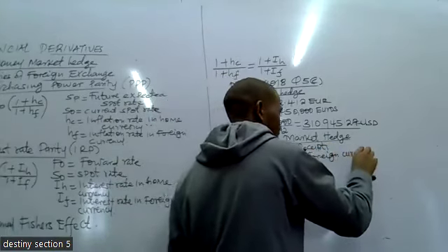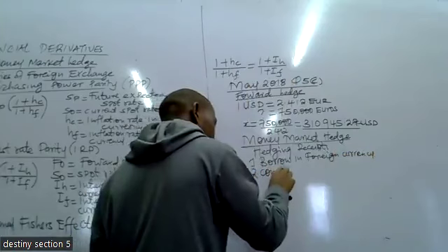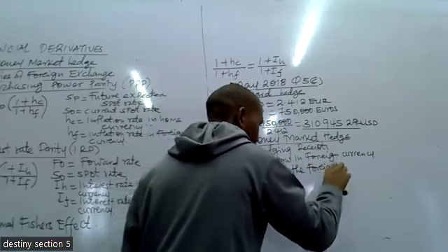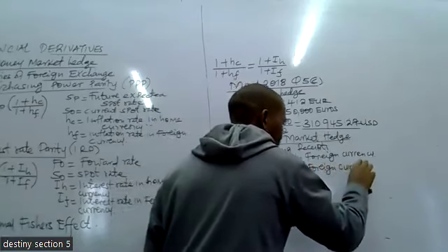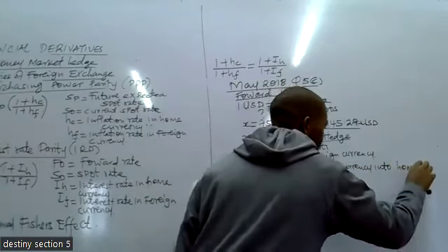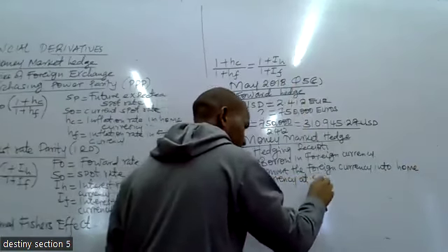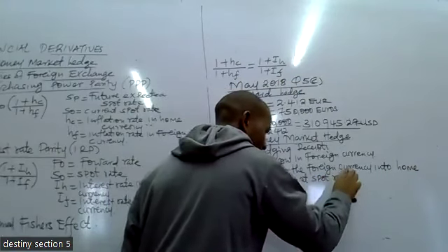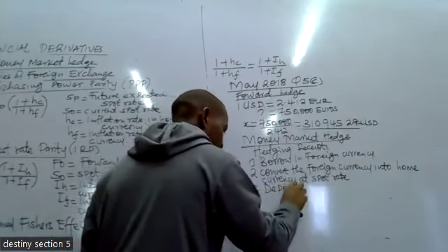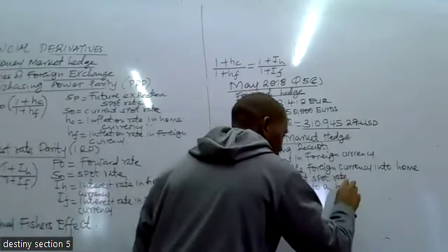Second, you convert the foreign currency into home currency, and this is at the spot rate. Number three, you deposit it into a bank account.